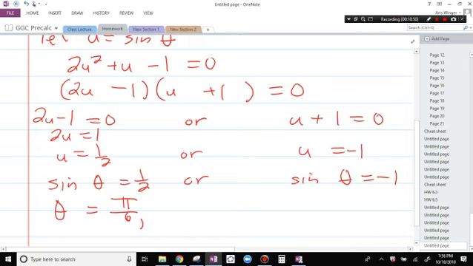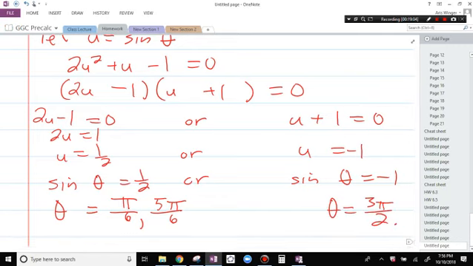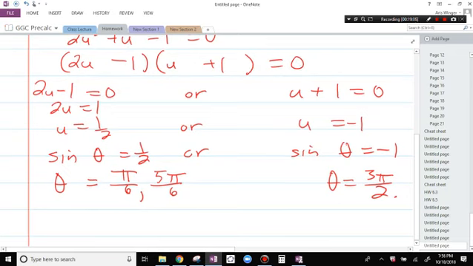Where's the other place? 5 pi over 6. And the sine of theta is equal to negative 1 at 3 pi over 2. So separate those 3 things with a comma. So it goes into my math lab. That's pi over 6, 5 pi over 6, and 3 pi over 2. Those are the 3 places.